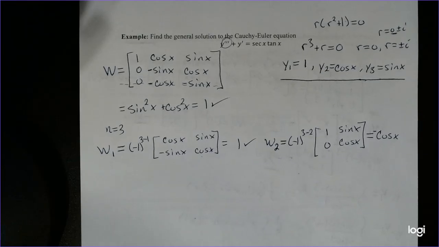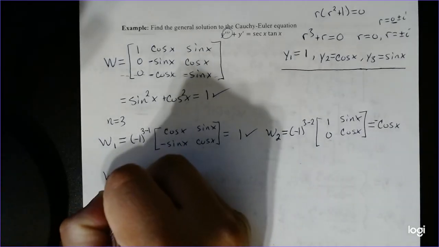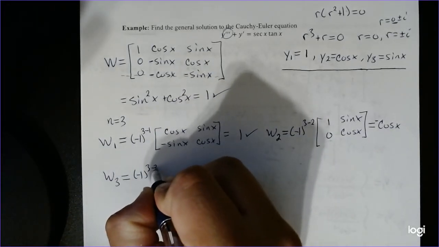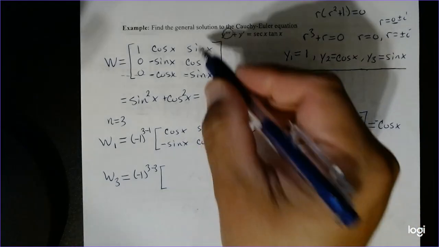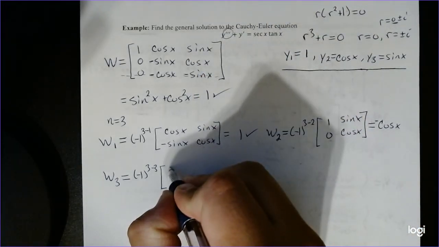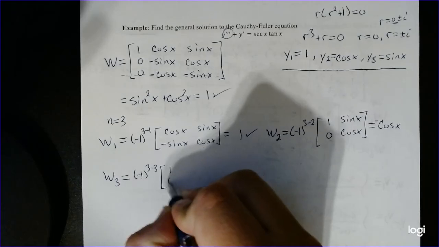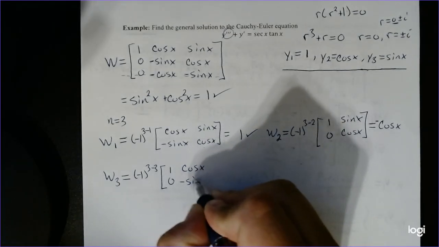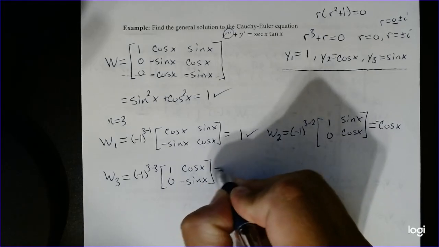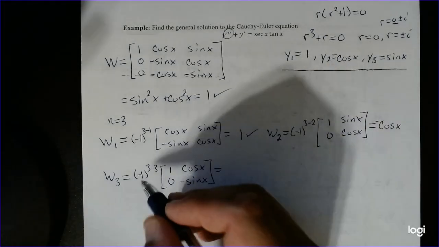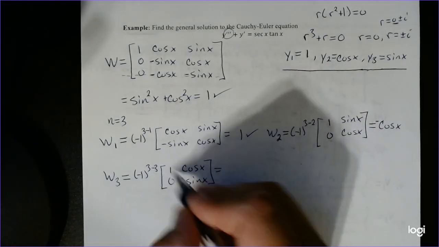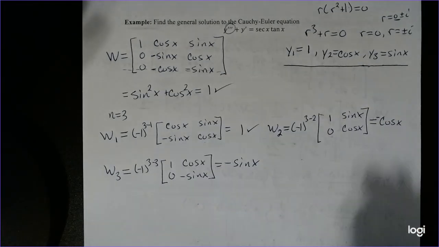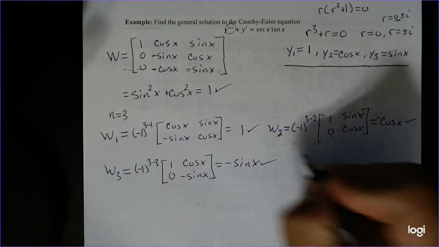Okay. And now 3. So this goes away. So this gives me positive 1, and then this gives me negative sine x, because it gives me 0. So we got our 3 Wronskians.